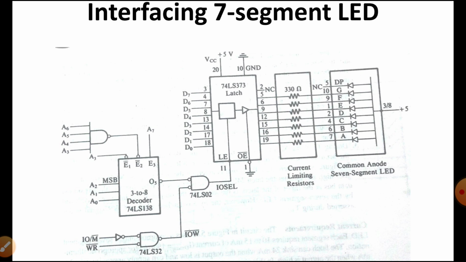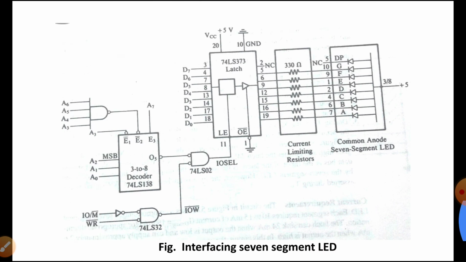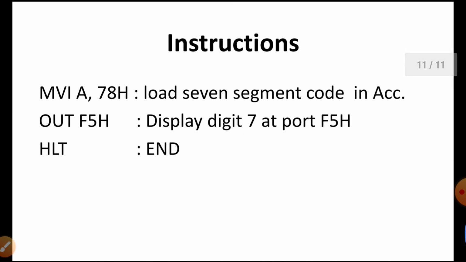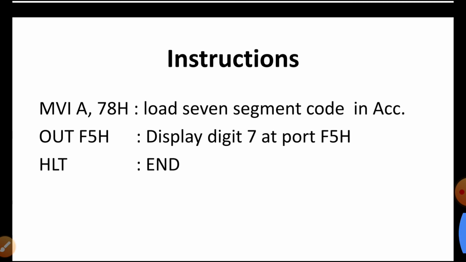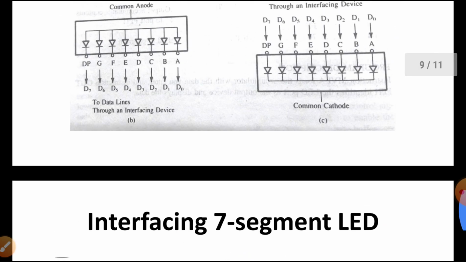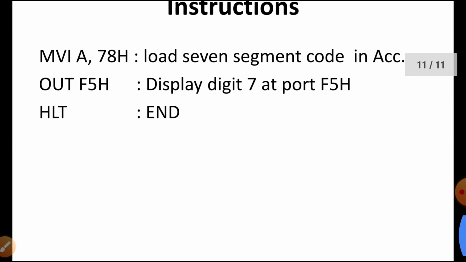So if the address of the port is F5 and we have to display the digit 7, then what will be the program? First of all, we will put 78 into A. And what is 78? 78 is the code by which we are able to get the digit 7 to glow.